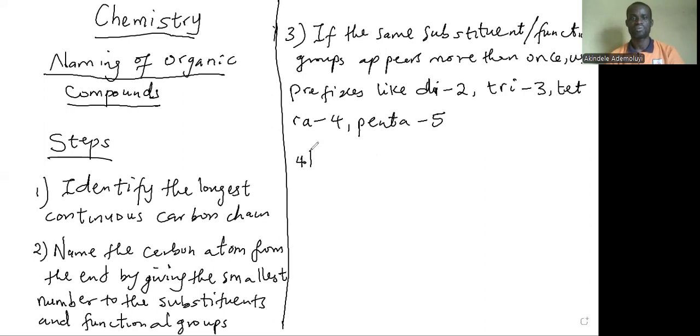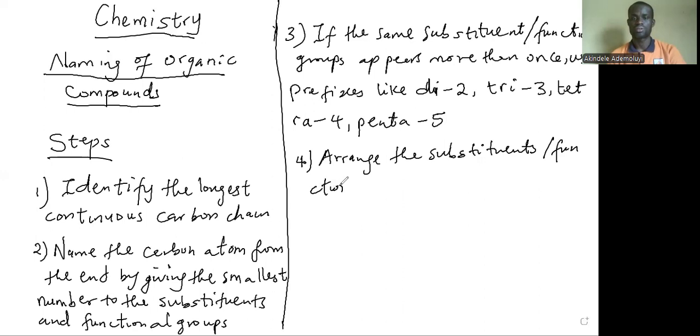Step number 4, what is step number 4 now? Yes: arrange the substituent or functional groups in alphabetical order.